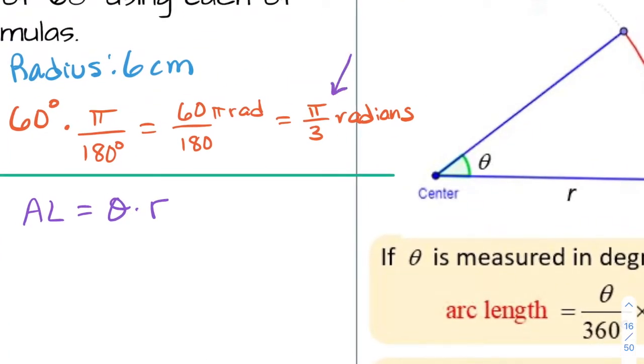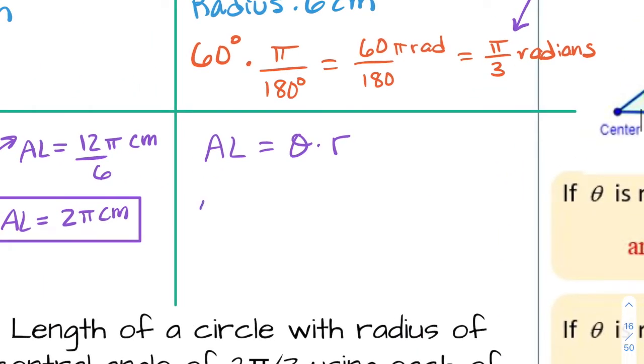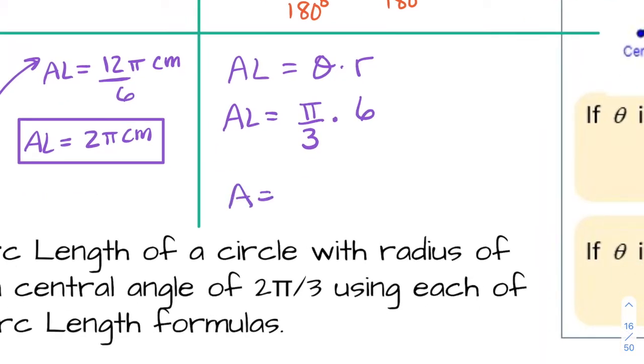We got this to be our theta, so arc length is pi over 3 times 6. So arc length is 6 pi over 3, which is 2 pi centimeters. Whoops, I forgot my centimeters earlier.